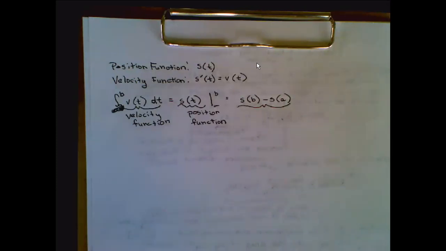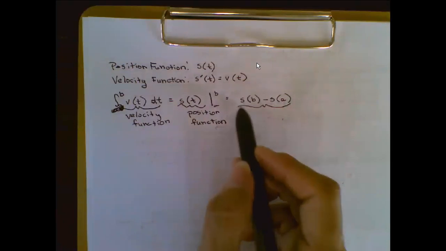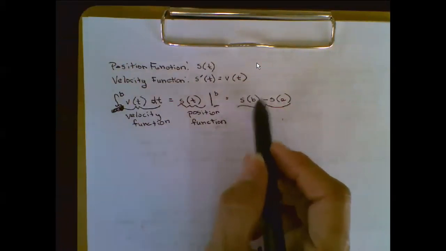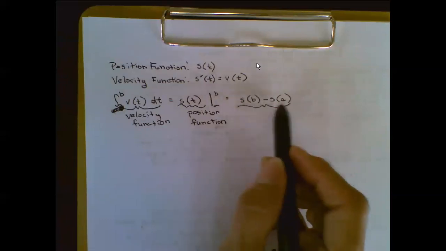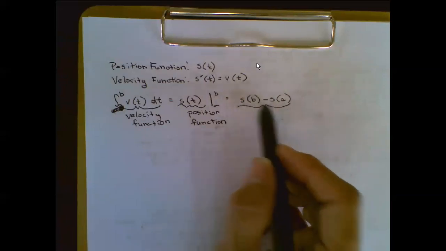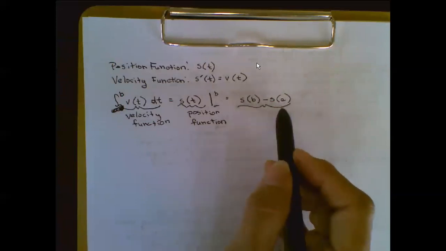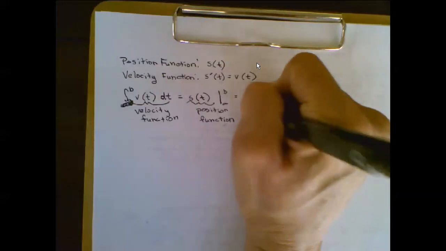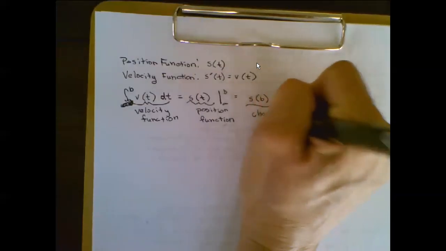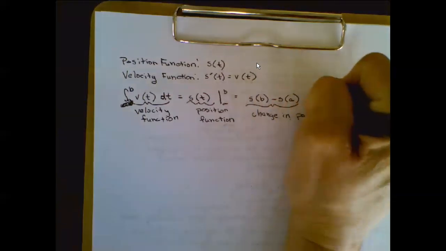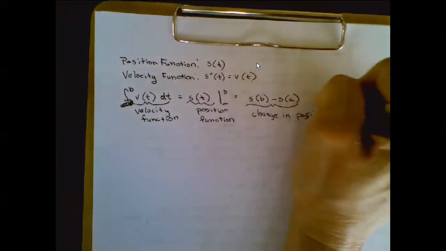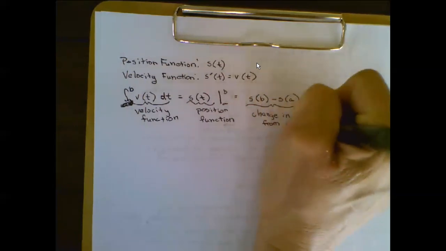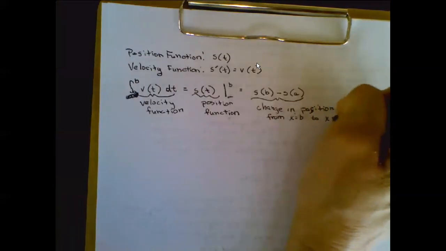If this is the position function and I'm evaluating it at b and at a, and then subtracting those. The change in position. That's awesome. Good job, Ivy. That's a change in position because we're substituting those numbers into the position function from x equals b to x equals a.